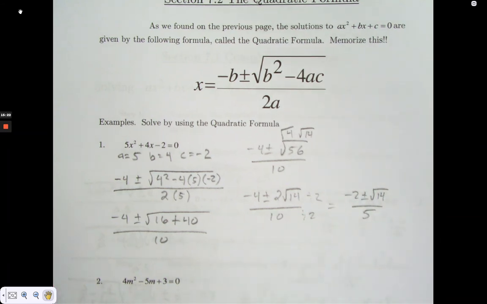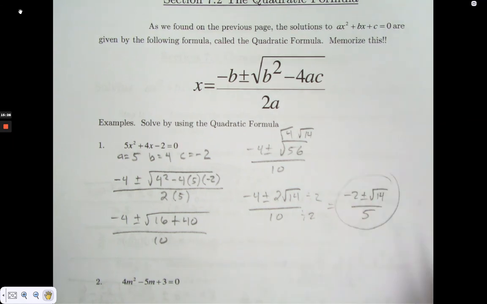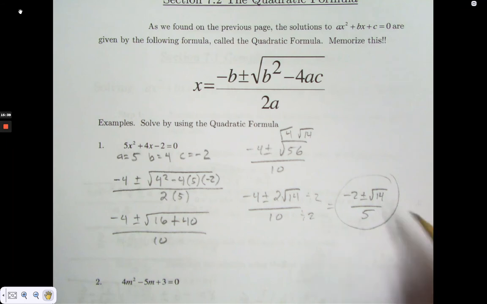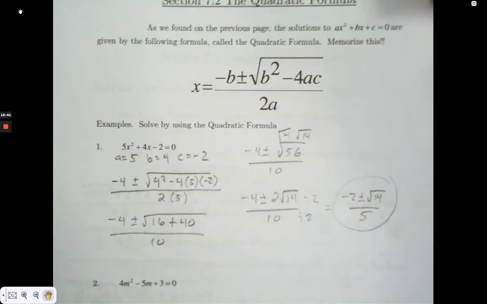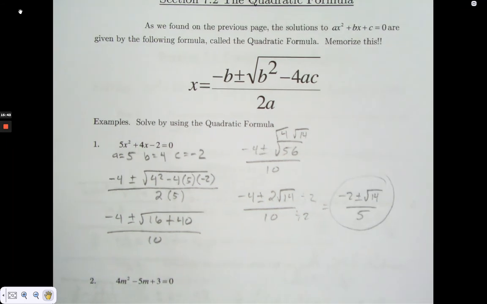If you're told to leave it in radical form, this is radical form right here. If that was the square root of 16, so you could get 4, you would be expected to get each answer separately. Because we're leaving this one in radical form, we just leave it like this. If it asked for the answers in decimal form, then you would have to do the plus and the minus with the decimal approximation, and get 2 separate answers in the end.